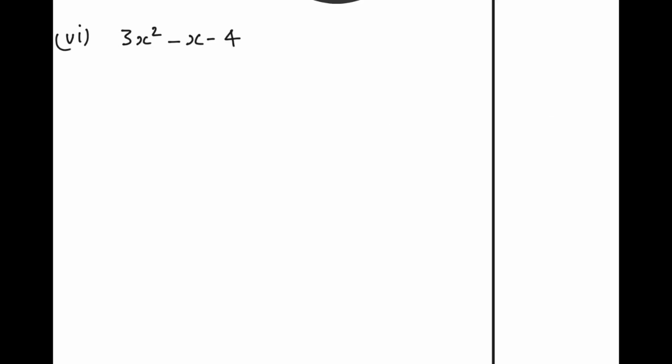Okay, so let's move on to the last quadratic polynomial expression. So here we have 3x square minus x minus 4. Again, to find the zeros of the quadratic polynomial, we need to factorize the polynomial. So we'll start with finding two numbers whose product should be equal to constant term, which is minus 4, multiplied by the coefficient of x square, which is 3.